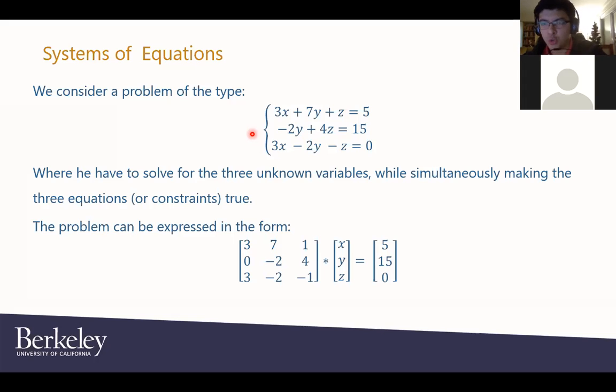This system of equations could either have a single solution or an infinite amount of solutions. And we'll get to that later. But for now, let's just assume that a solution exists. There is some set of x, y, and z that makes all these equations hold true at the same time.